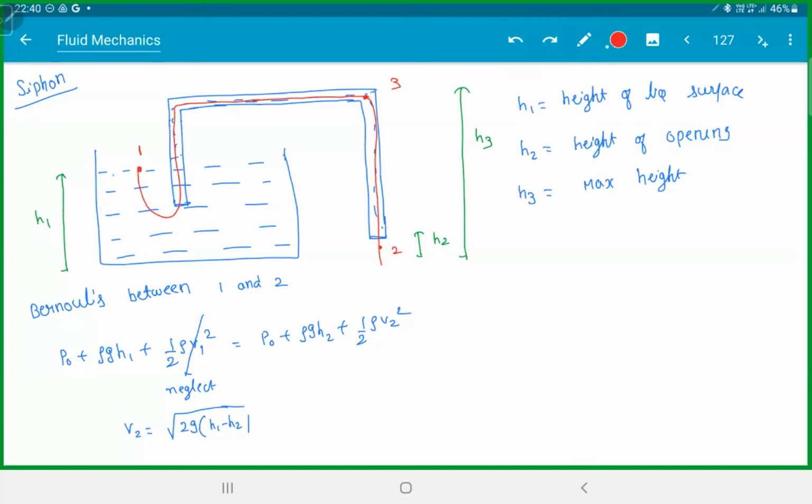Now, in this, there is one exception though. If you apply Bernoulli between 1 and 3, something else happens. P naught plus rho g h1 plus half rho v1 square. Or between 2 and 3, we can do actually.